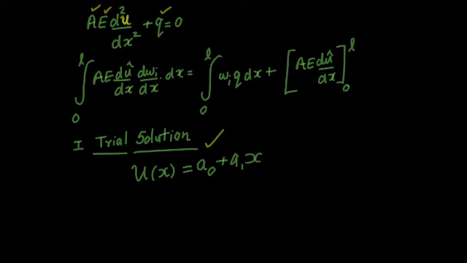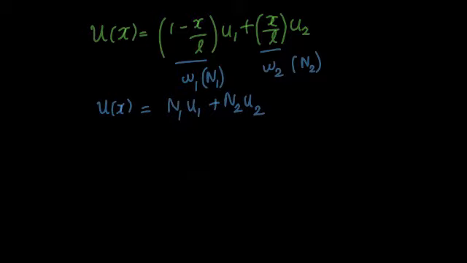Bear with me, I'm going to write the weak form expression once again, and I'm going to plug in I is equal to 1, putting weighing function 1, that is the shape function 1, and do the mathematics. Let me write the weak form expression again.